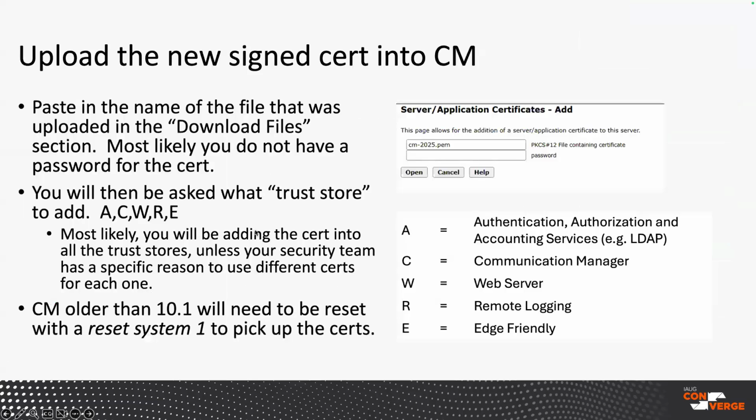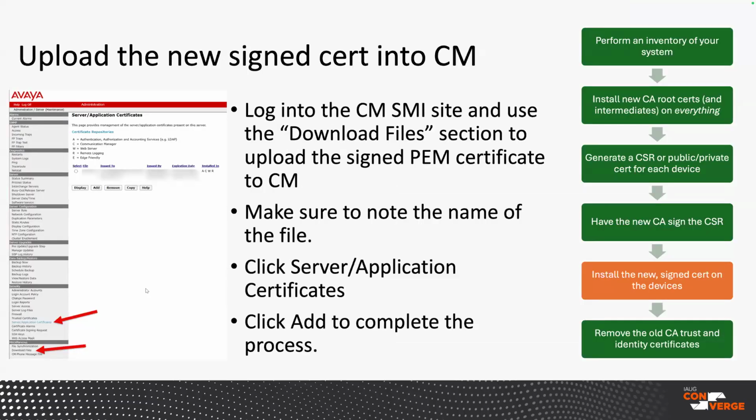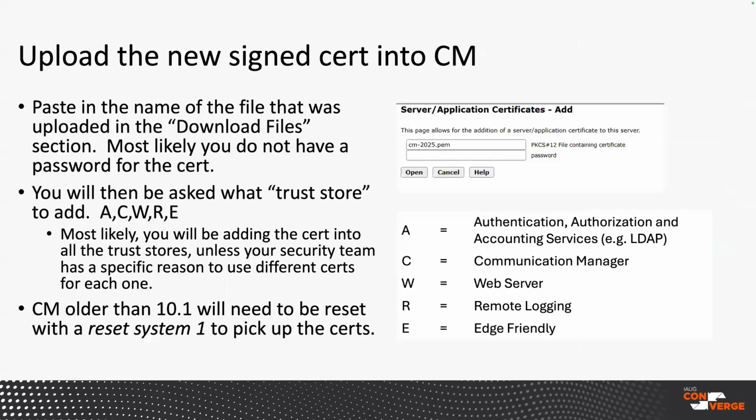So the only thing to note on here is once you hit submit on, like, you upload that cert, you assign it to different buckets and all that type of stuff, that cert will be the only one on your system for an identity cert. So old ones will no longer be active for new communication or new sessions that start at that point.